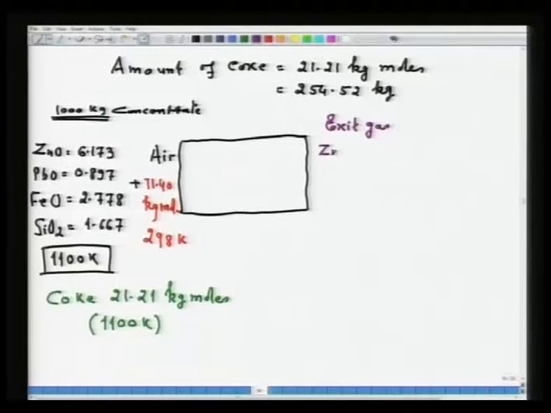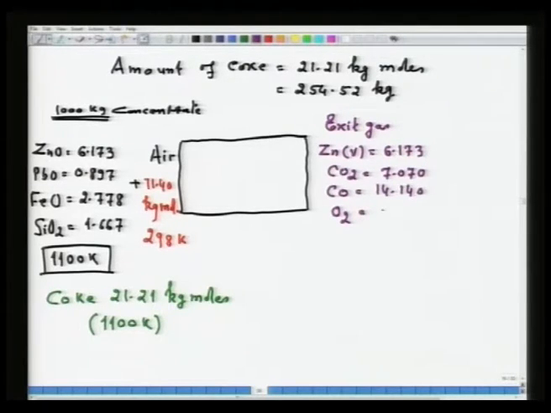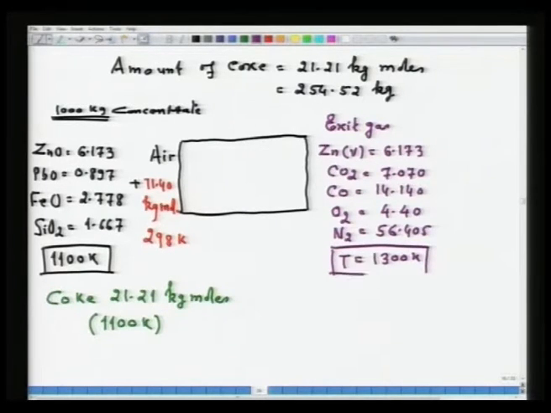So, we have zinc vapor, its amount is 6.173, mind you they are all in kg moles, CO2 7.070, CO 14.140, O2 4.40 and nitrogen 56.405, and the temperature of the discharge I am taking, they are discharging at 1300 Kelvin. Now, the next which is forming is liquid lead.